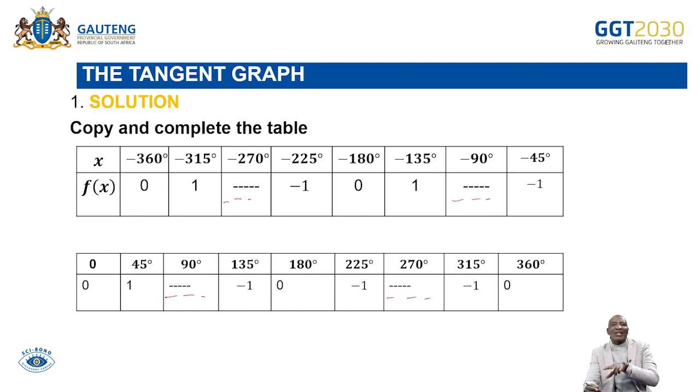Where you see zeros is where the graph cuts the x-axis, just like any other graph. When a graph crosses the x-axis, y equals 0. So when I see a 0 on my table, it already suggests to me that this is where your graph is going to cross. When I see an undefined situation, like a broken line on my table, it indicates to me that the graph does not exist at that particular point.